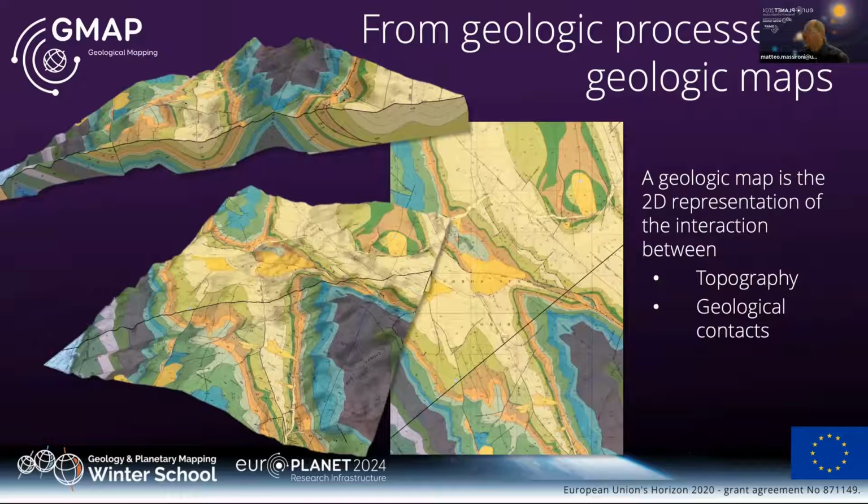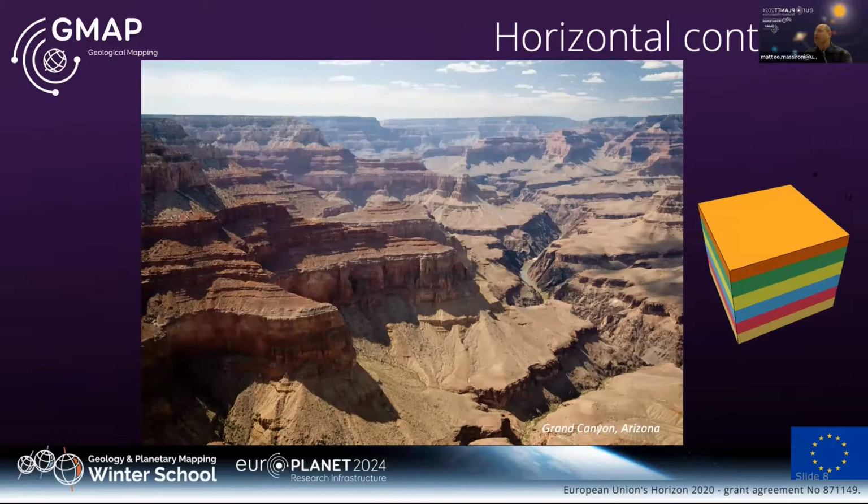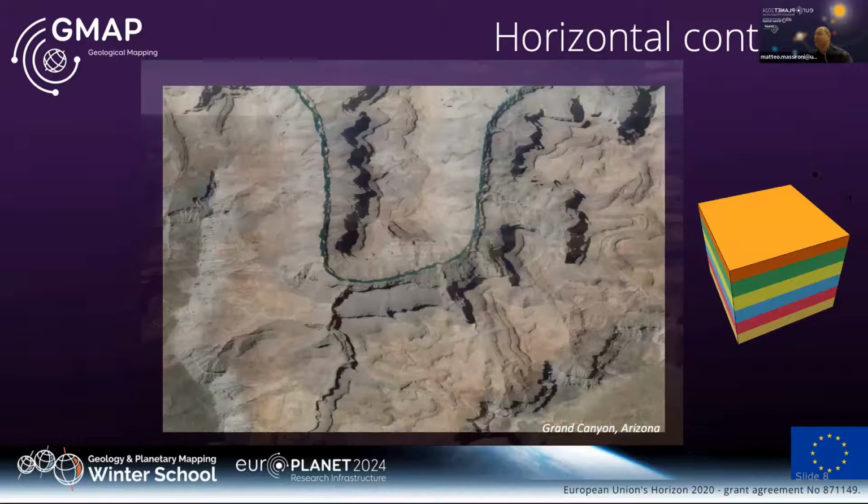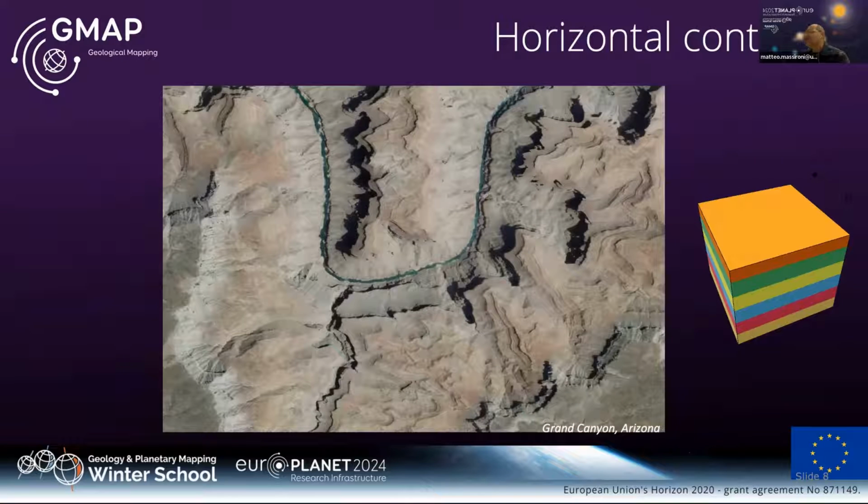So going from the very beginning, the easiest part, the classical horizontal sequence, we have, for example, the Grand Canyon in Arizona, in which we have a beautiful horizontal sedimentary sequence, and we can see how it interacts with the topography, just by seeing it in planar view. We have the river incisions, and for this we have the exposure of different terraces and scarps showing the stratifications.